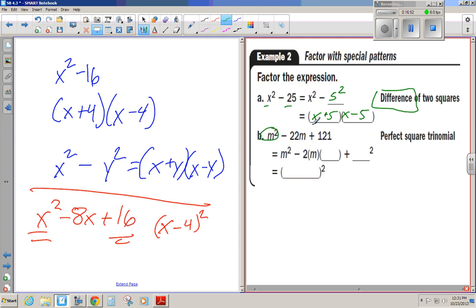Here's a perfect square. Here's a perfect square. It's a minus sign, so this should be m minus the square root of 121, which is 11. And to check, you would look at the inside and say 2 times 11 is 22.